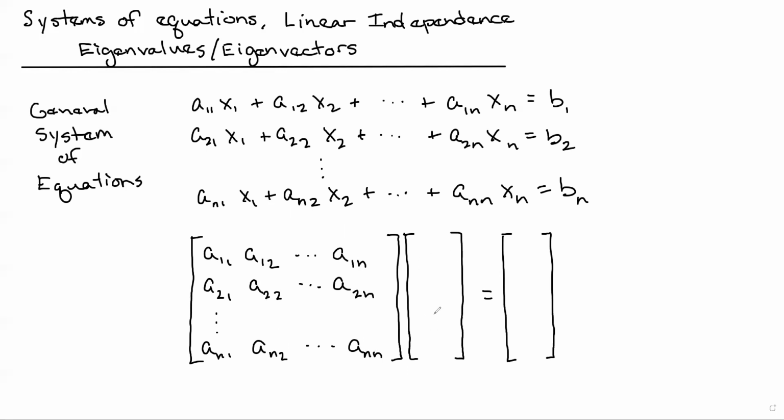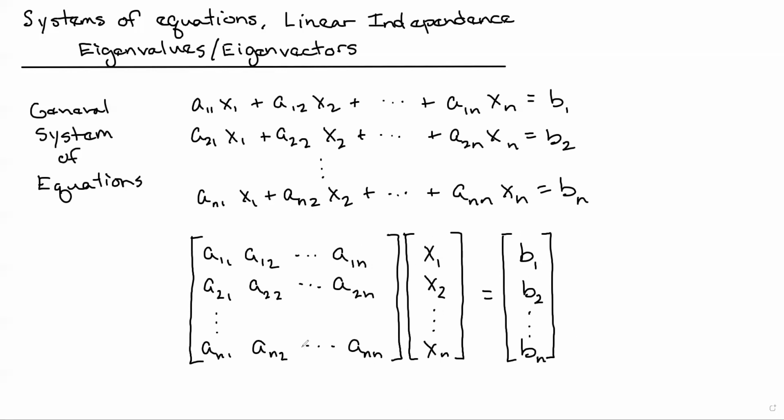And then in this second, this is a vector. You've got an n by 1 vector. We're just going to put our variables, our unknowns. And then the constants that are on the other side of the equal sign here go in this vector, which is also n by 1.